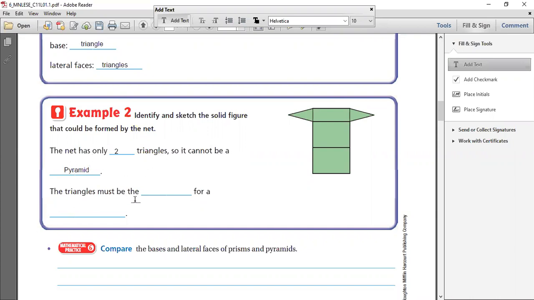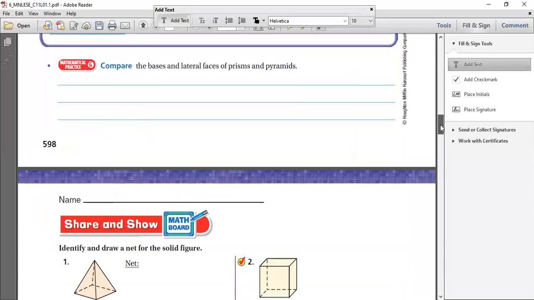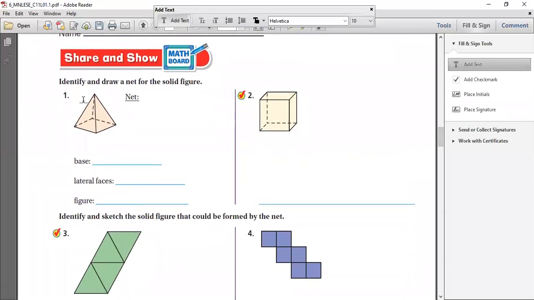So the triangles must be the bases. Because there are two triangles, they are going to be the bases for a triangular prism. Remember, for a prism we said the lateral faces must be rectangles. So the lateral faces here are rectangles, only the bases are triangles. Fine. So let's do question number 1.